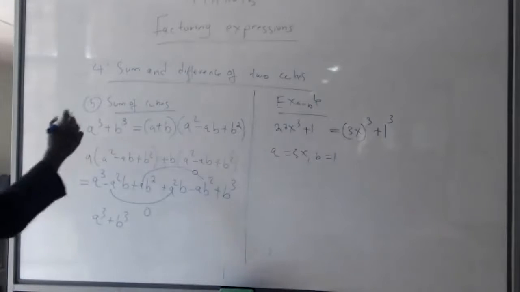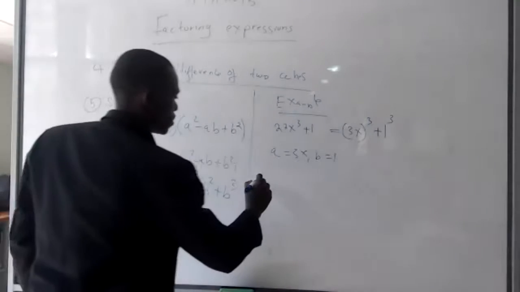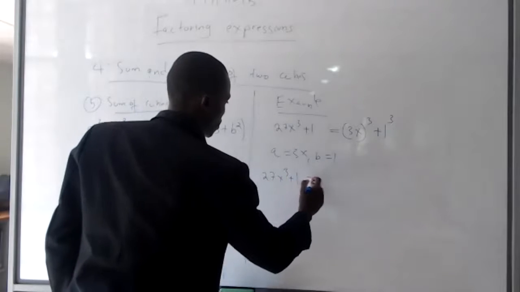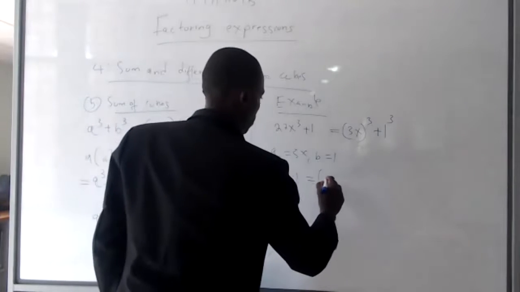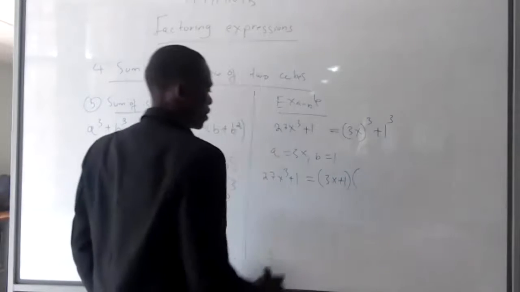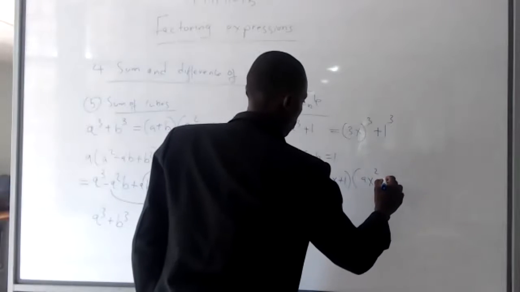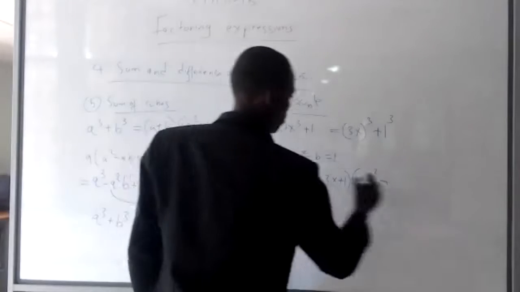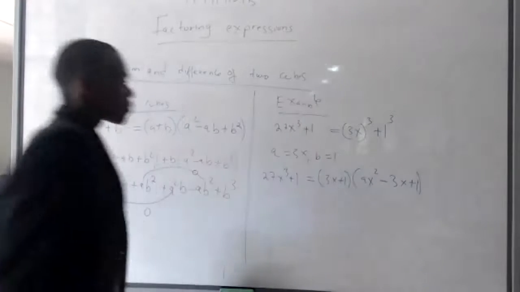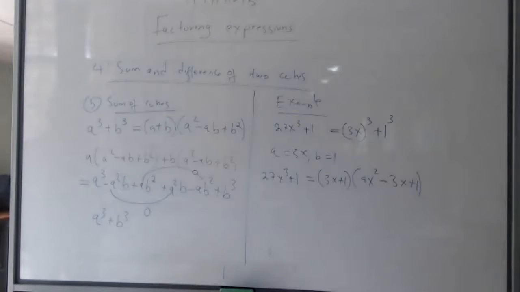So according to the rule, factoring sum of cubes, 27x cubed plus 1 is going to be a plus b, which is 3x plus 1, times a squared, so that is 9x squared, minus ab, so minus 3x, plus 1. That will be a factorization.